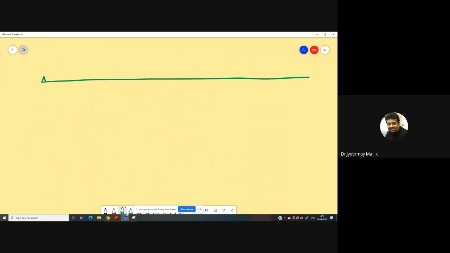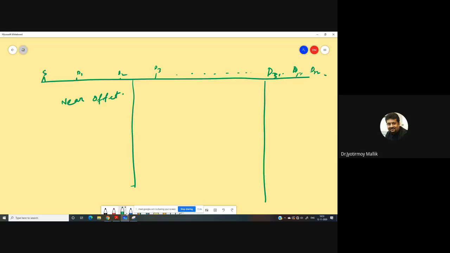Here is my source, and then D1, D2, D3, and there are maybe 50, D30, D50, DN. Now, this part of the data is near offset, and this part of the data is far offset.